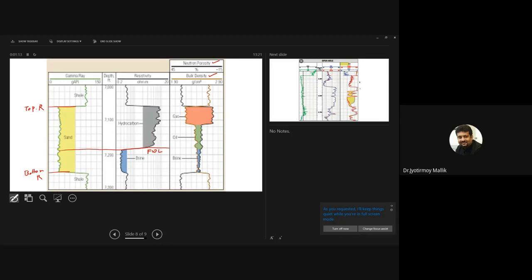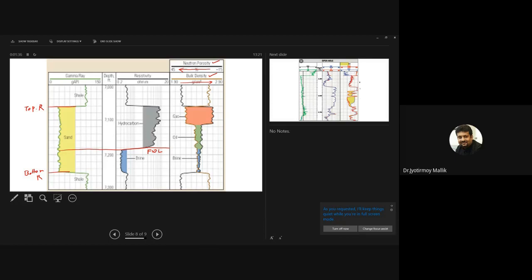For neutron porosity, this is the lower end of the spectrum and this is the higher end of the spectrum, so it increases this way. And then the bulk density increases in the opposite direction.